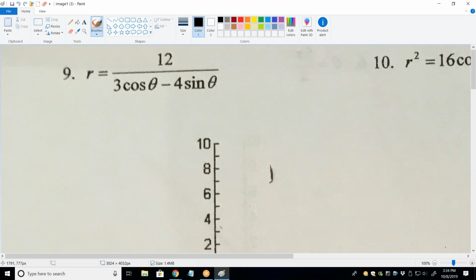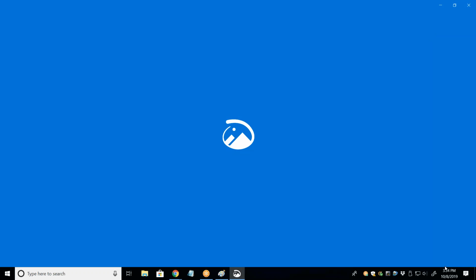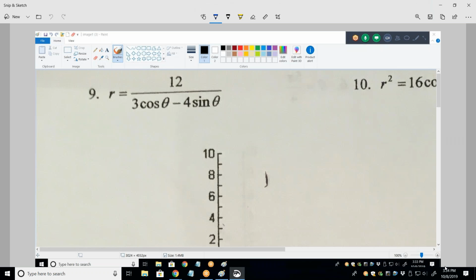Let's just make a quick table here, and I'll show you what I mean. So this is theta. Let's start with 0.